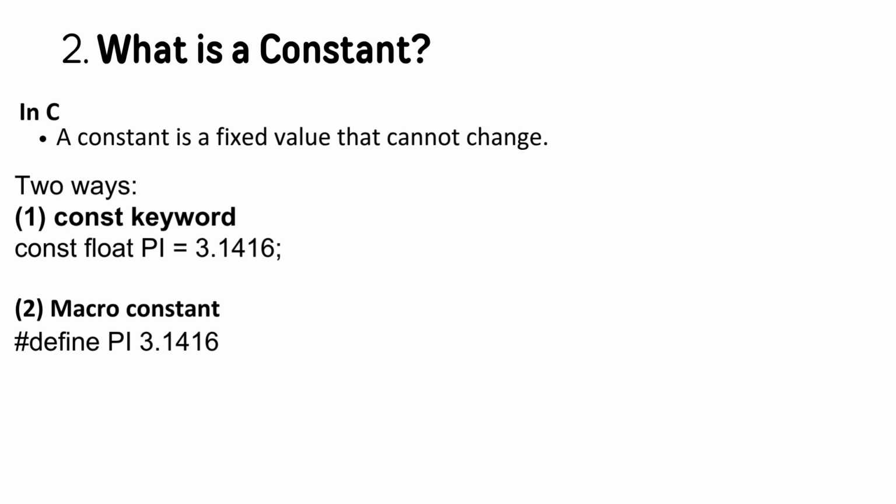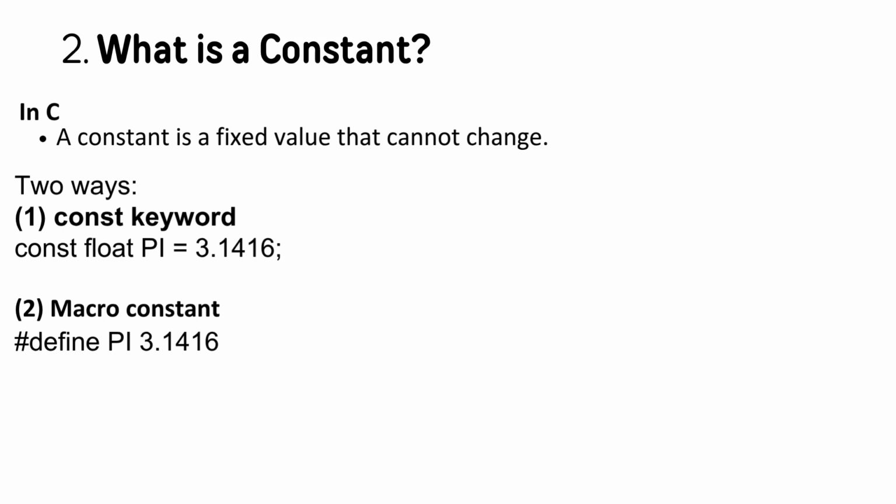The second method is by using a macro constant, or symbolic constant, with the #define directive. Like this, we can write #define PI 3.1416. This tells the computer to replace every occurrence of PI with 3.1416 before the program runs.